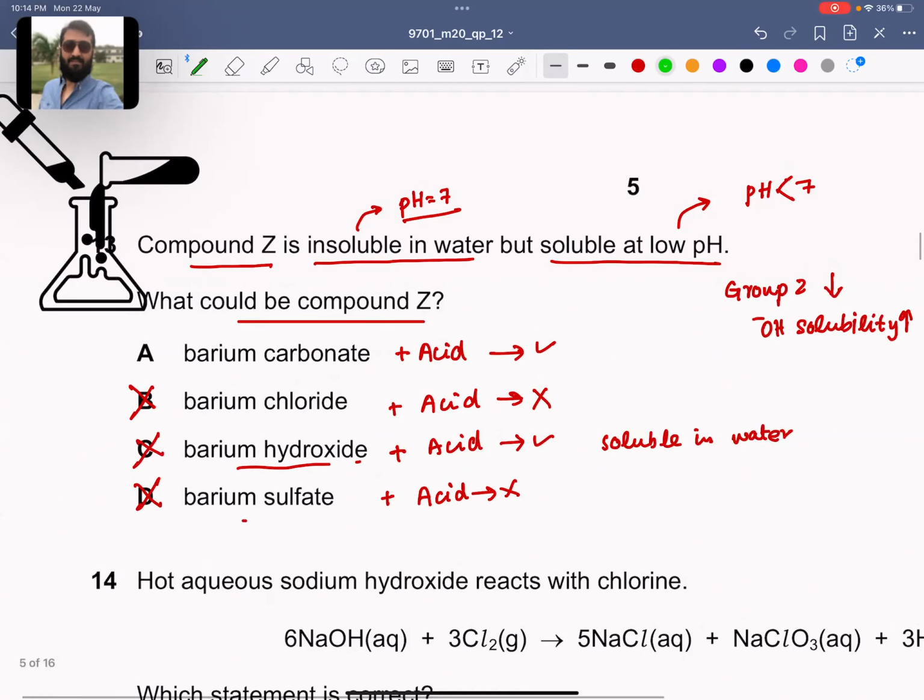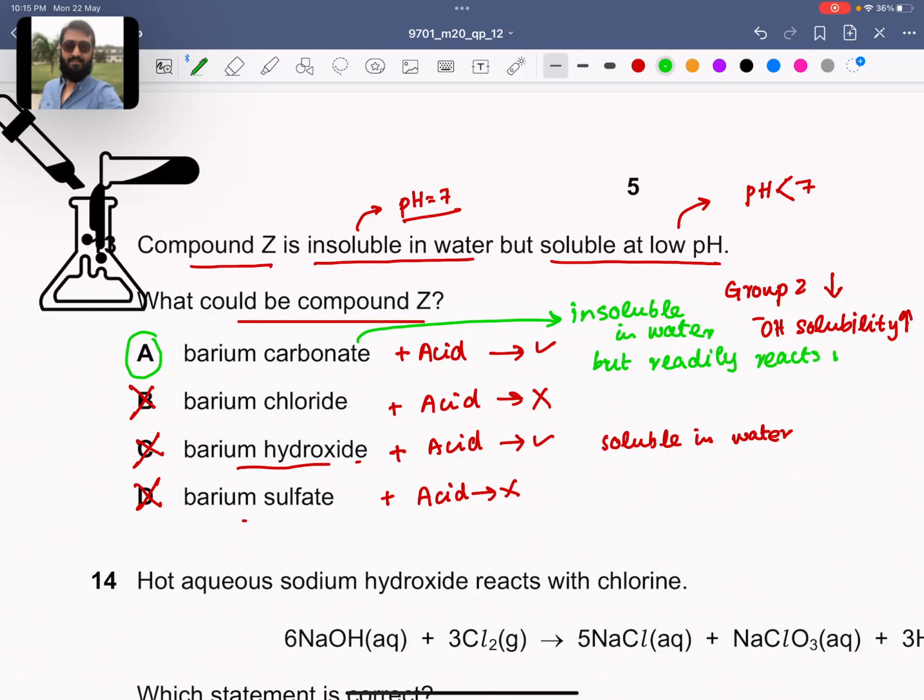It means A is the correct answer because barium carbonate is insoluble in water, but readily reacts with acid and dissolves.